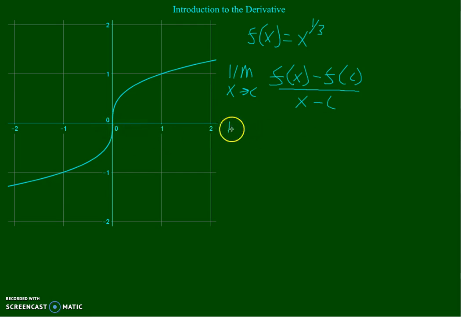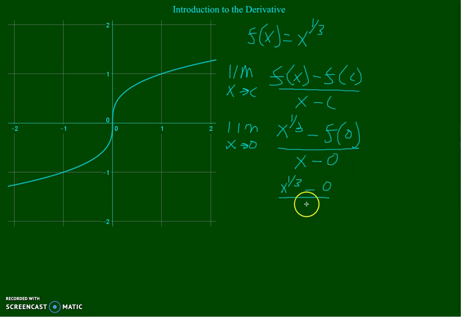So the limit as x approaches 0 of f of x, which is x to the 1/3, minus f of c, which is 0, all over x minus c, which is 0. This gives us x to the 1/3 minus f of 0, which is 0.